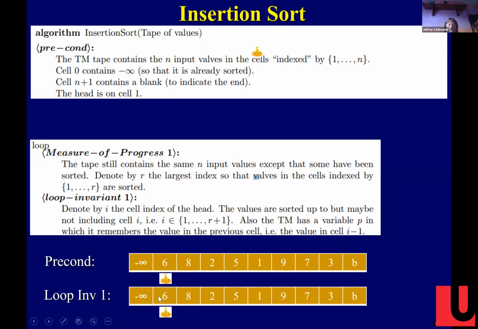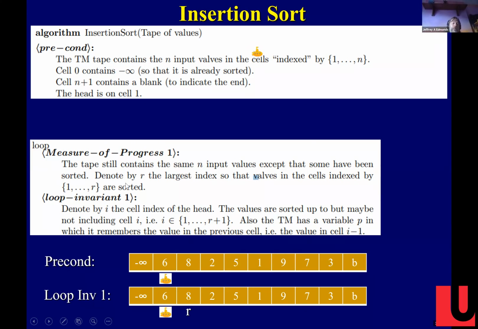So here, the loop invariant is going to just be that some things are sorted, and the measure of progress is simply: let R have the value such that everything between 1 and R is sorted. And when you go from cell R to cell R plus one, it's not sorted, right?